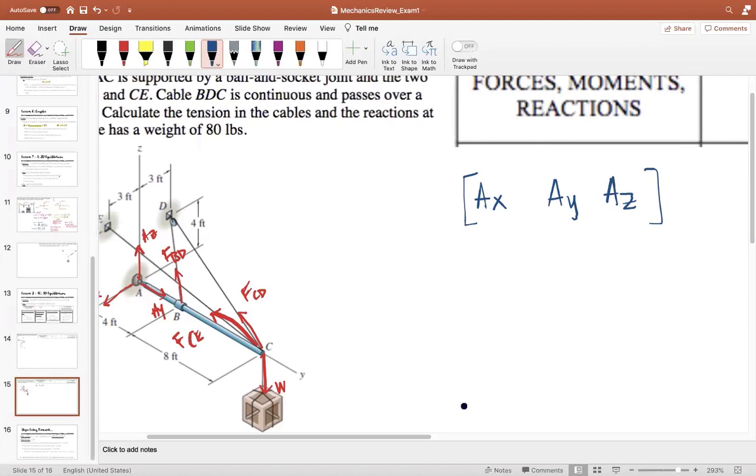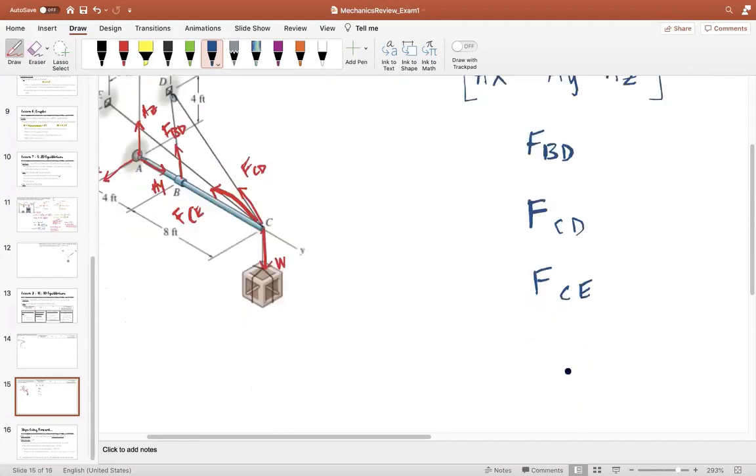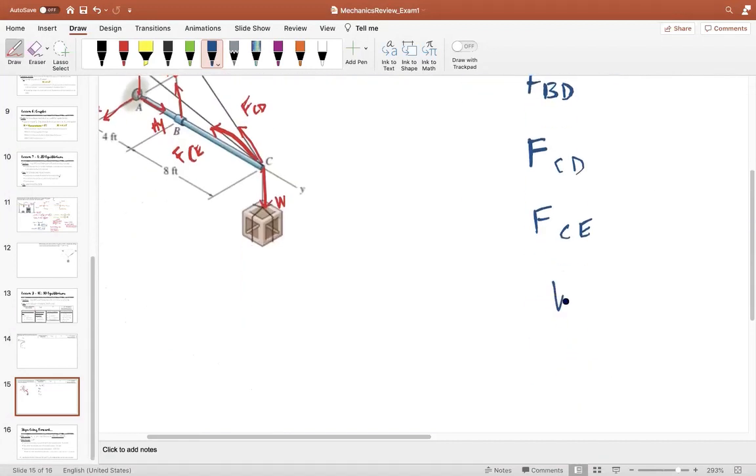There would be FBD and FCD, and FCE, just the different tension forces, and then also W. Beautiful. Thank you. So now we have all of our forces. Everyone cool with those forces?